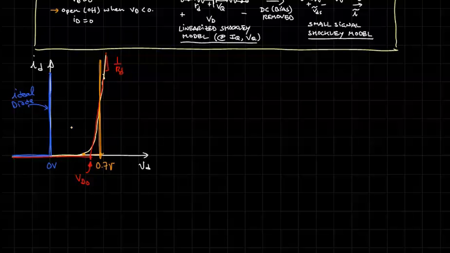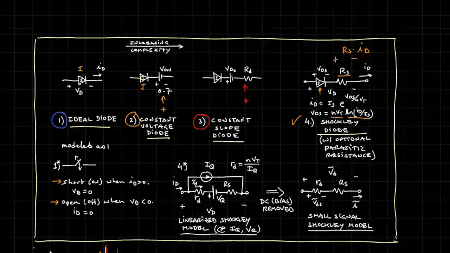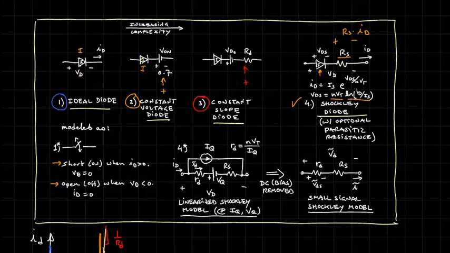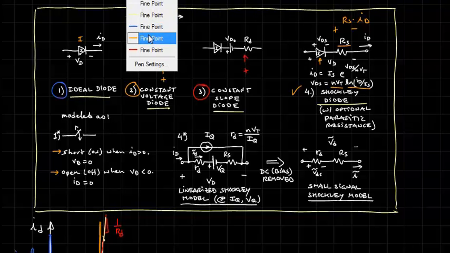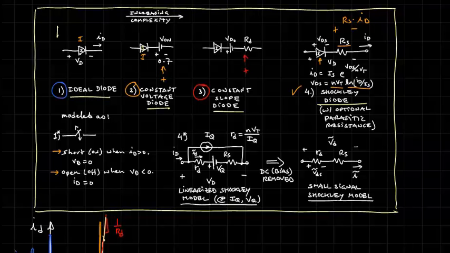Now you have a simple model that will allow you to do a linear analysis on your circuit, but still do a pretty good job of predicting the actual current and voltage of the real diode. Notice that the first three models, these here, are all linear models.